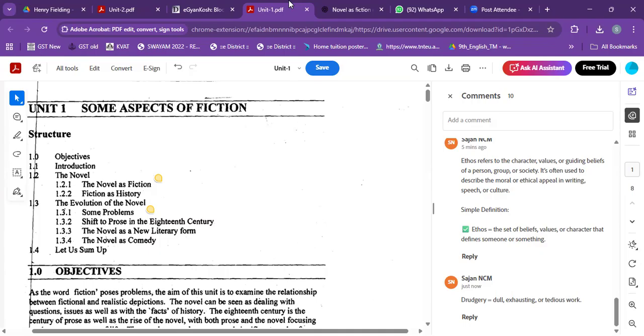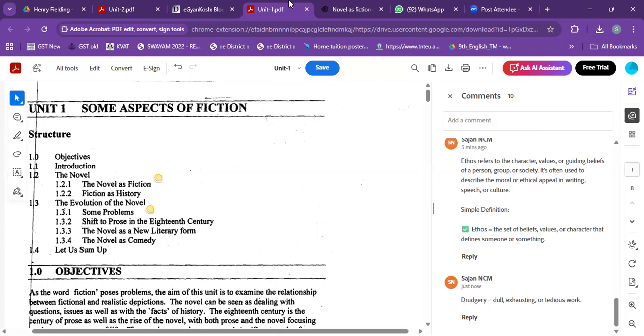So here we have the first unit, unit number one, the heading is Some Aspects of Fiction. That's what we are going to discuss today. The structure they have already given in the beginning.